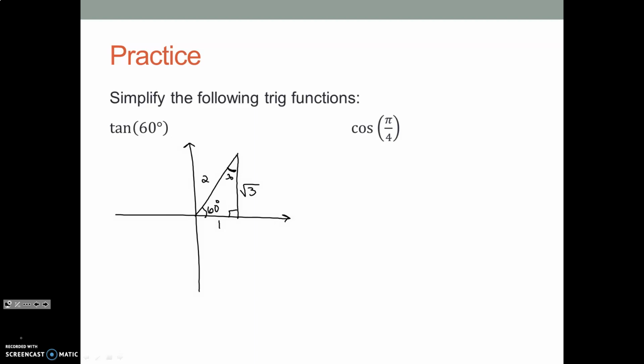So tangent of 60 degrees equals... sorry, this is TOA. Tangent is opposite over adjacent. If I come down here to my triangle, my opposite across from the 60 would be square root of 3.